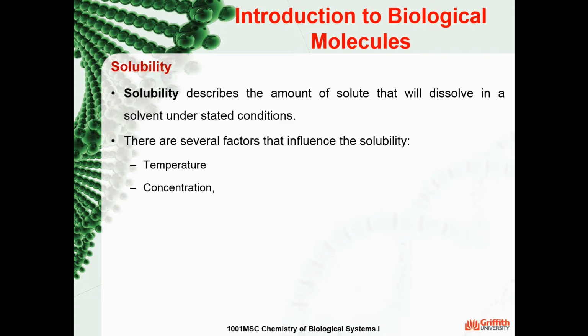Dissolving 1 spoon of instant coffee will be much easier than dissolving 10 spoons. Particle size is also a factor. For example, fine powdered coffee dissolves much easier than big chunks of coffee. The fourth factor is agitation or stirring. Stirring the coffee powder will make the process faster.